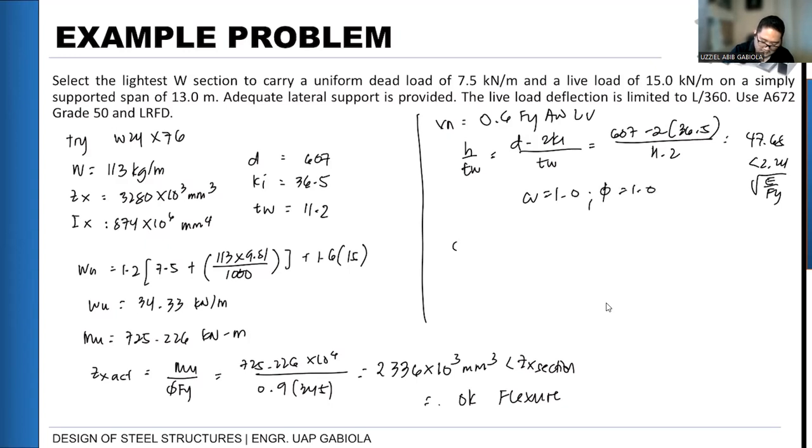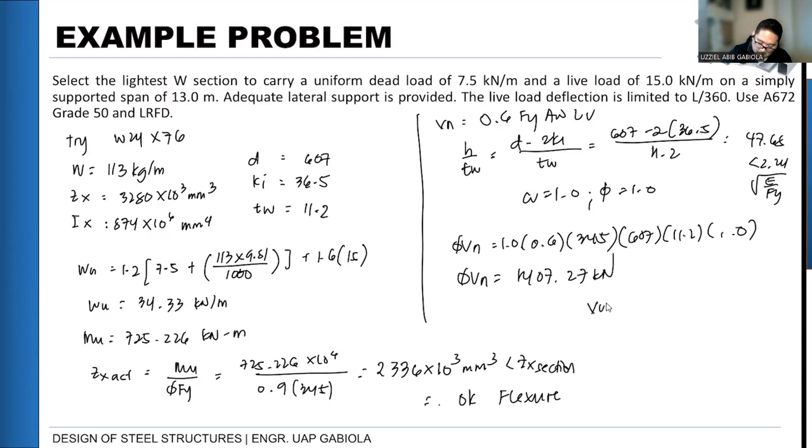So, ang phi Vn will be equals to 1.0 times 0.6 times yung Fy natin at 345, Aw na d times tw, and then 1.0 na Cv. So yung Vn natin is equals to 0.6, 345, 607, 11.2 times 1. So yung ating capacity is 1407.27 kilonewton.